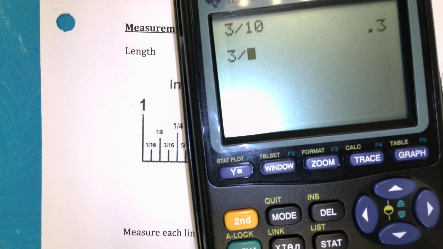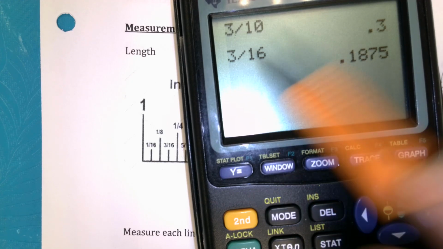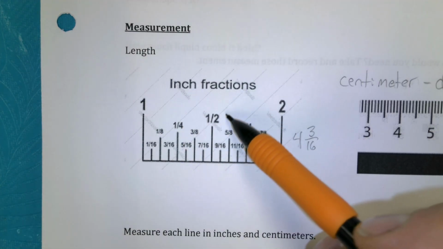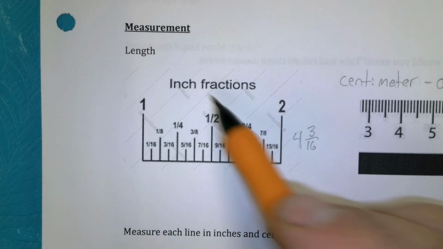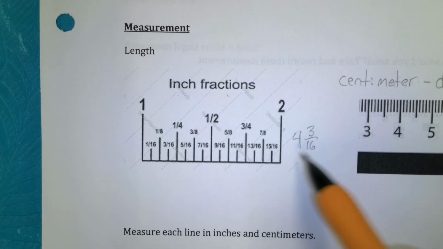And you don't want to convert that to a decimal because it's not better. 3 divided by 16 is 0.1875. That's not simpler than this. So when we do measurements in inches, we will do them with fractions.